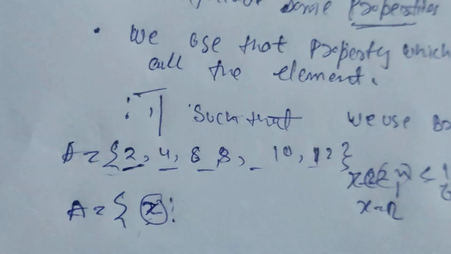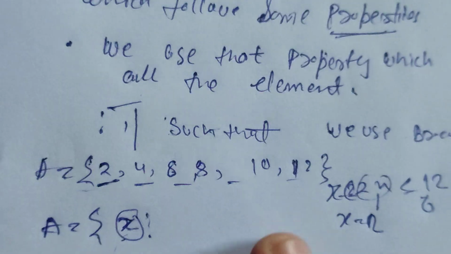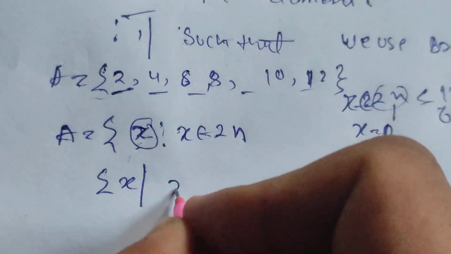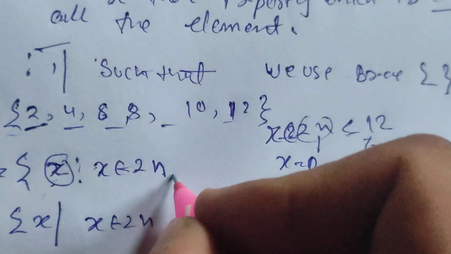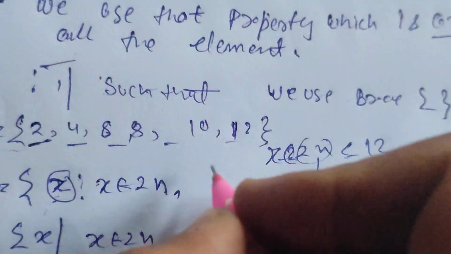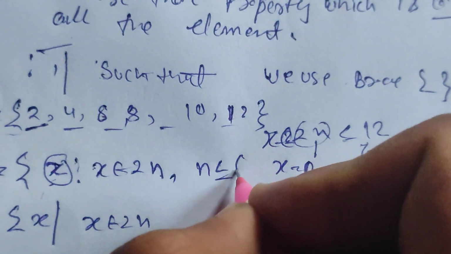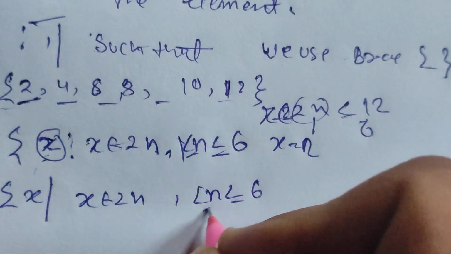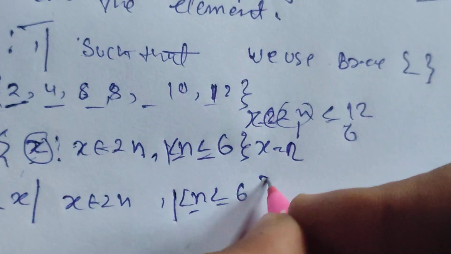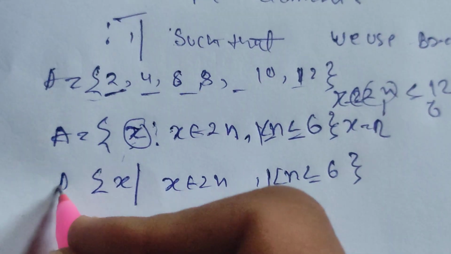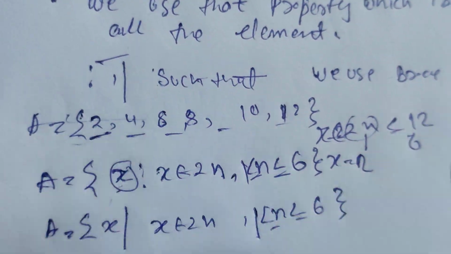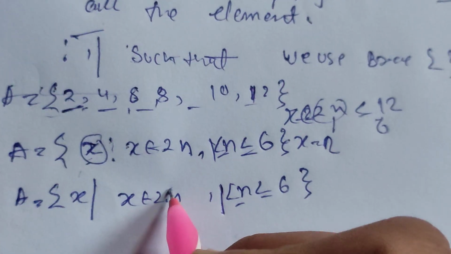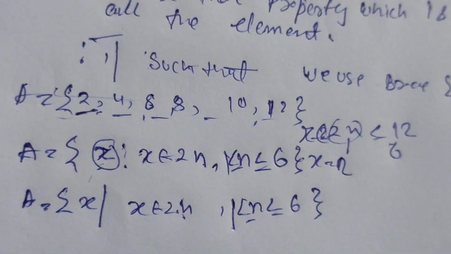So x such that, or simply x | x, both are the same, x = 2n, that is the property which we use, where n is less than or equal to 6 and greater than or equal to 1, and then close the bracket. Now we see how we build a set, like in an example. If n is equal to 1, we get 2, then 4, and for n = 6 we get 12. This is an example of set building.